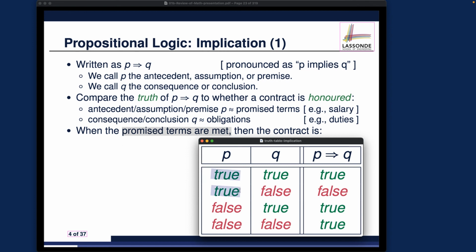If the promised terms are actually met, meaning that your employer does pay you that much salary every year, then either you have fulfilled your duties or you have not. In the case you have fulfilled your duties, the entire contract will be honored. In that case, implication will just be true.